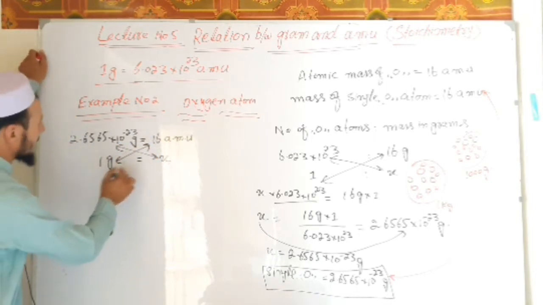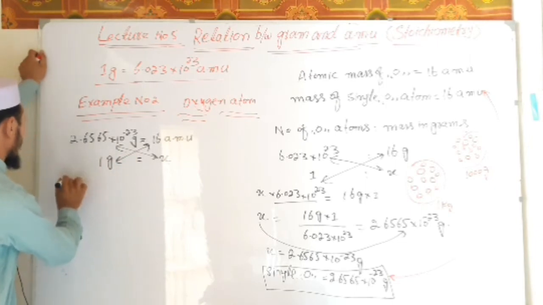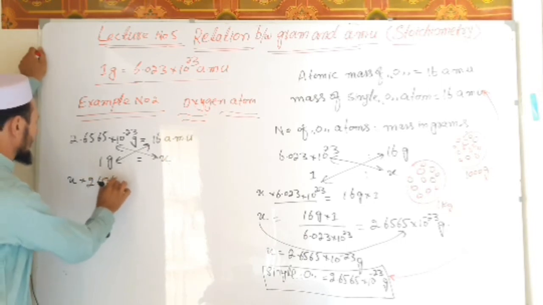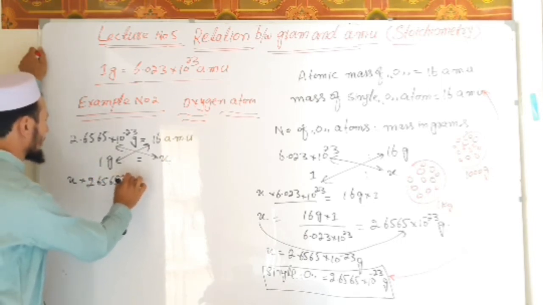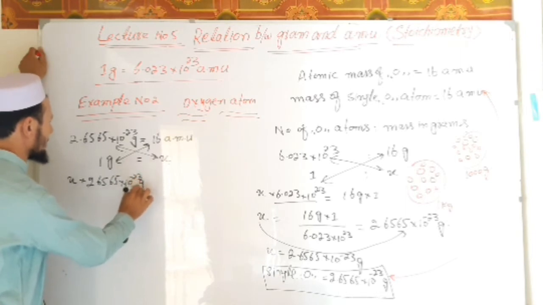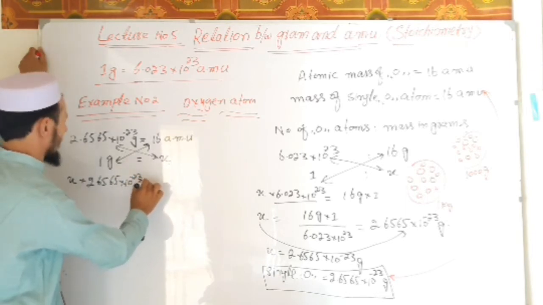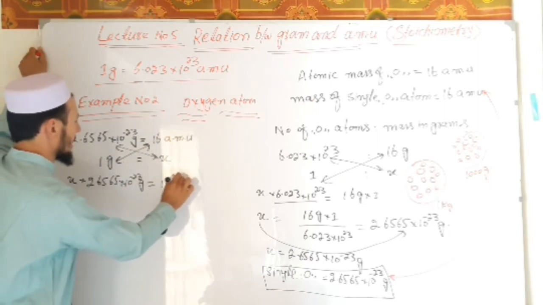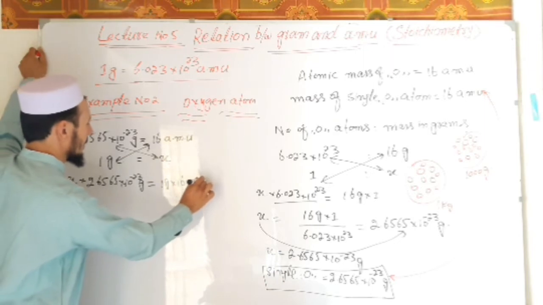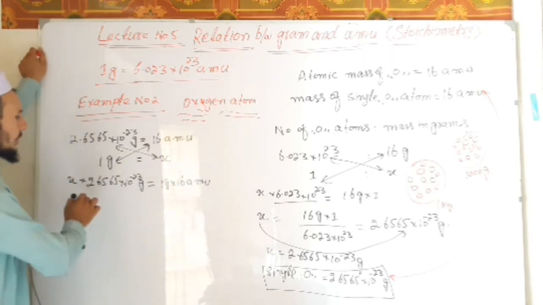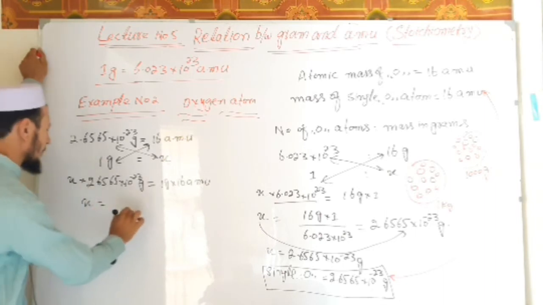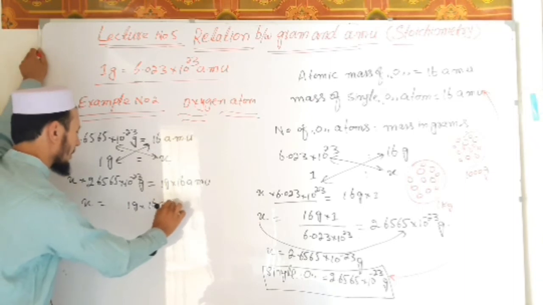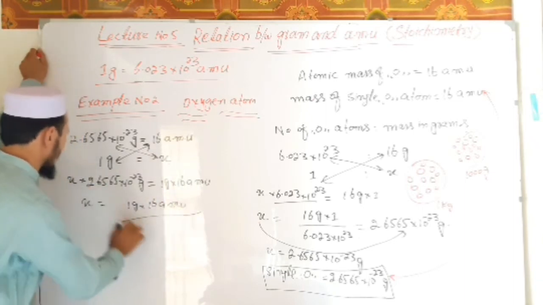So dear students, we will get x multiplied by 2.6565 multiplied by 10 raised to the power of minus 23 gram is equal to 1 gram multiplied by 16 a.m.u. So we want to calculate x. X will become equal to 1 gram multiplied by 16 a.m.u divided by this number.